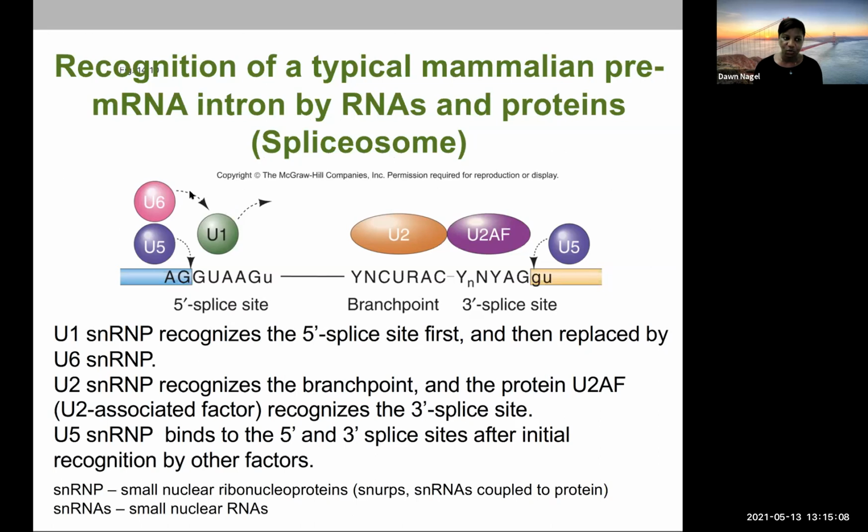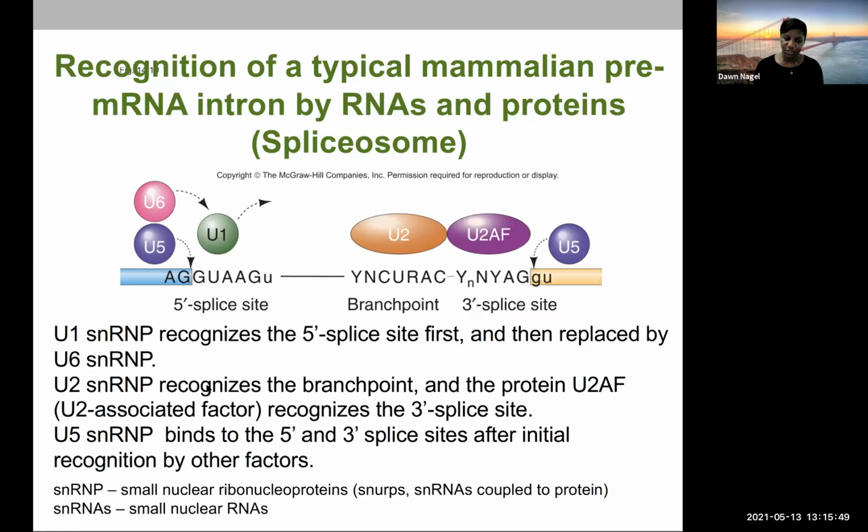This spliceosomal complex will recognize particular sequences at these splice sites. So U1, we call them SNRPs, or you heard them referred to as SNRPs, right? So these U1 to U6 proteins will recognize these different sites. U1 recognizes this 5' splice site first. Once it recognizes it, to say, okay, here's where we need to be processing this particular exon, it gets replaced by U6.